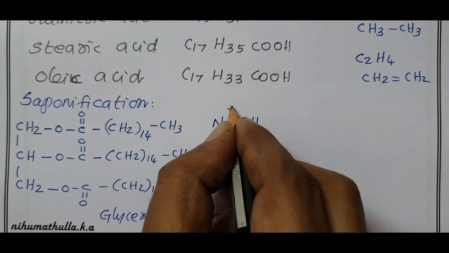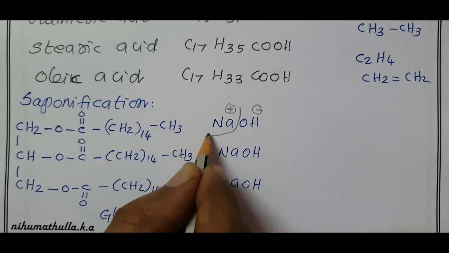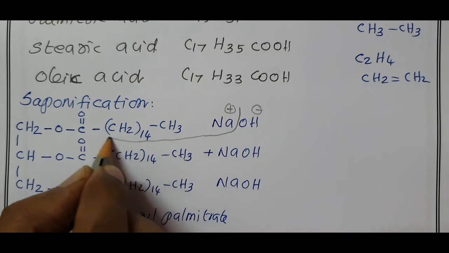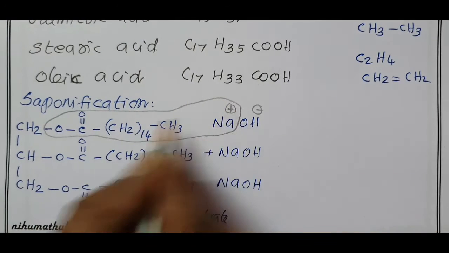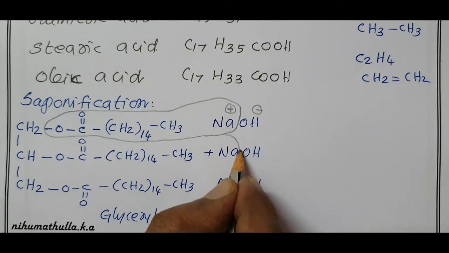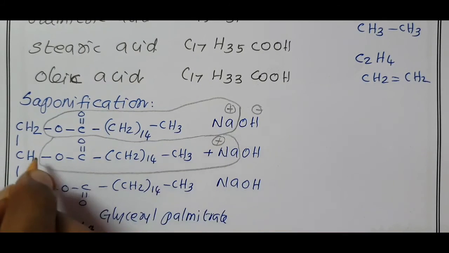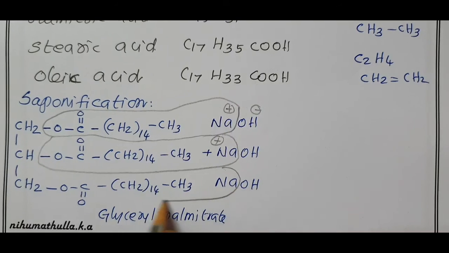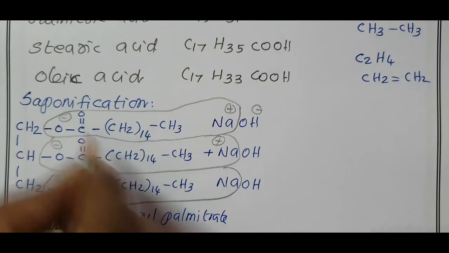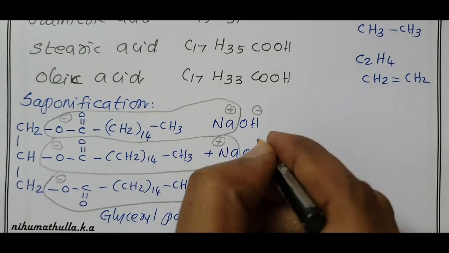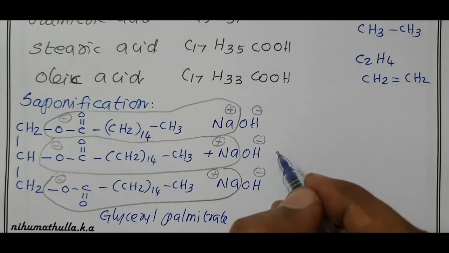Now the Na plus removes C15H31COO minus, the palmitate. Each plus is added to a minus. Sodium is plus. The remaining 3 OH minus ions are added to the glyceryl structure, giving glycerol.